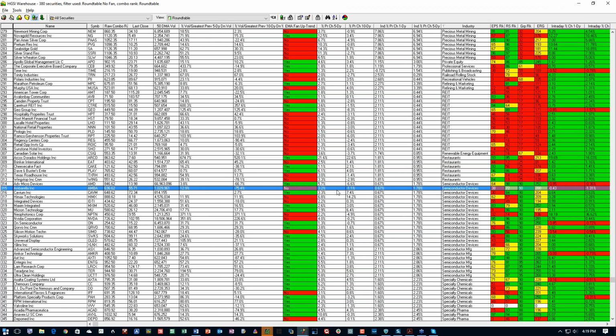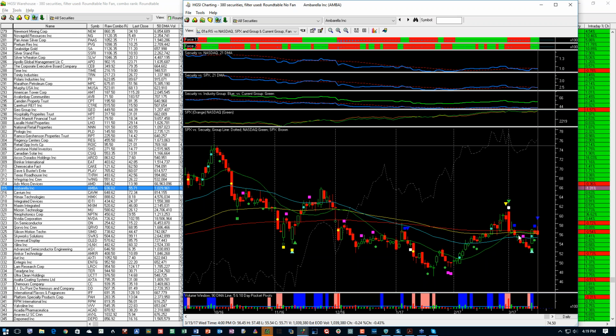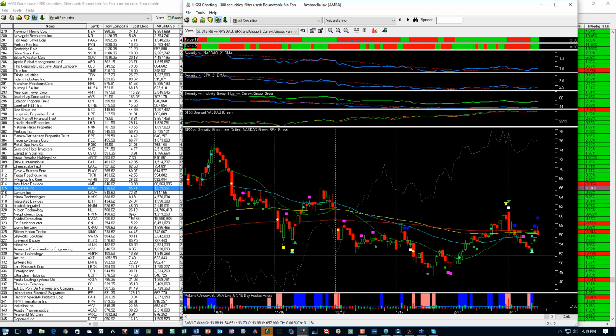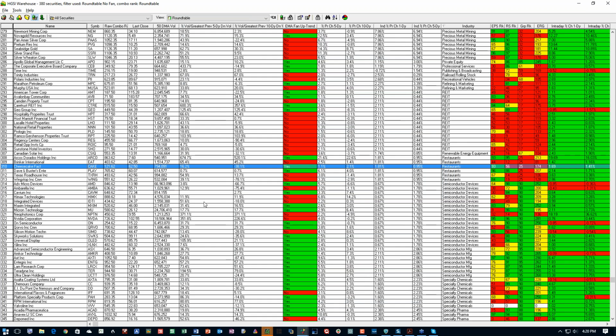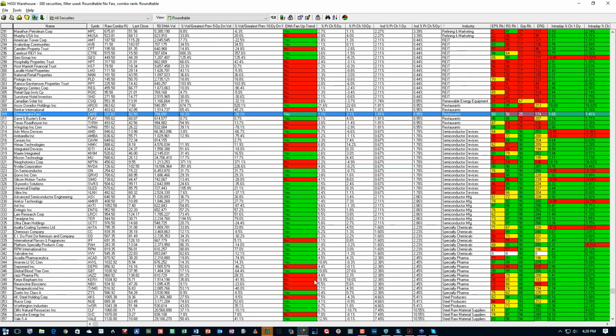Over a 5-day period, it's up 3.2%, and the group was up 1.78%. So it is meeting the requirements. But you can waste a lot of time looking at stocks like this.